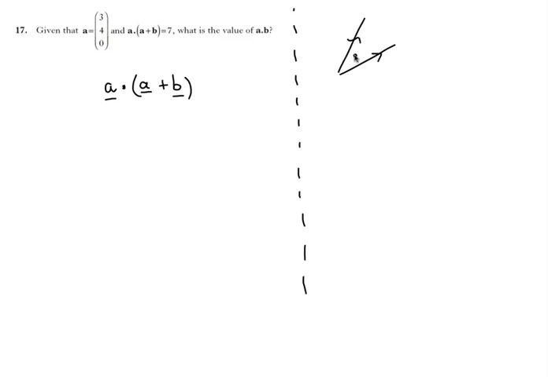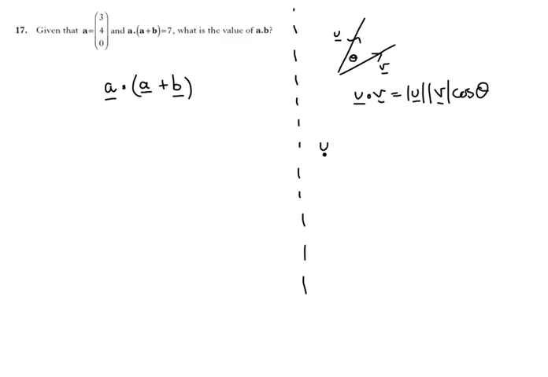interesting operation between two vectors. Take the dot product, length of one of them times the length of the other one times the cosine of theta.